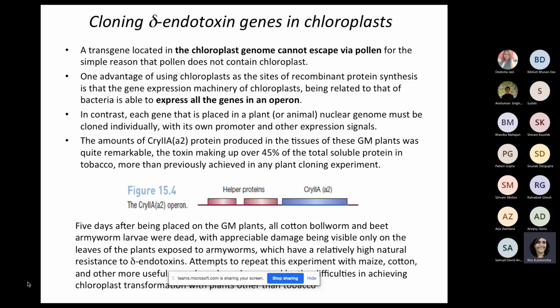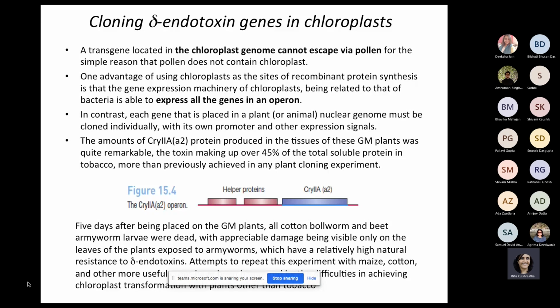And third is that the gene can be cloned in the form of an operon. So if you want to clone two, three different genes under control of a single promoter, you just have to do one cloning and not multiple genes with their separate promoters that you had to do if you wanted to clone it in the nuclear genome.